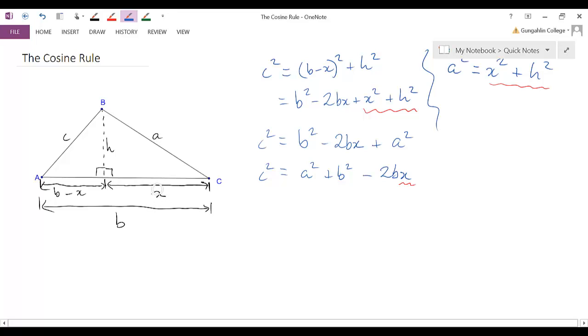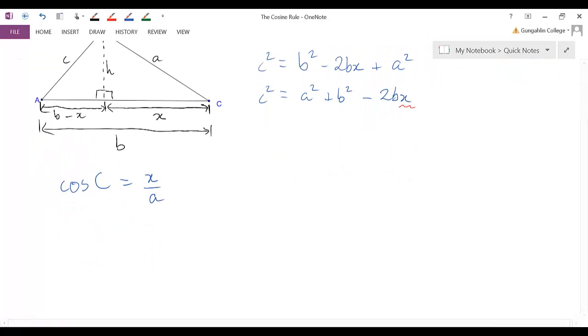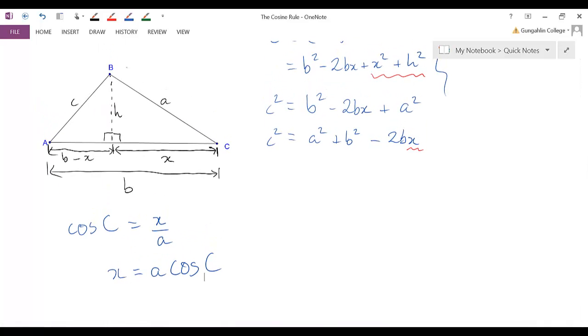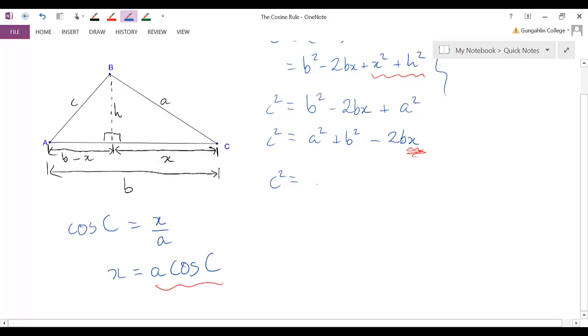X is an adjacent side, and we know that cos of a particular angle, in this case capital C, is equal to adjacent over hypotenuse, X on A. And if I rearrange that, I get that X is equal to A cos C. So that is what I'm going to replace in here for my X. So I get C squared equals A squared plus B squared minus 2bA cos C.